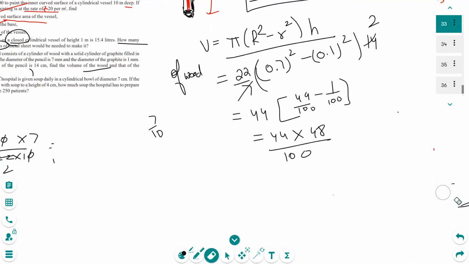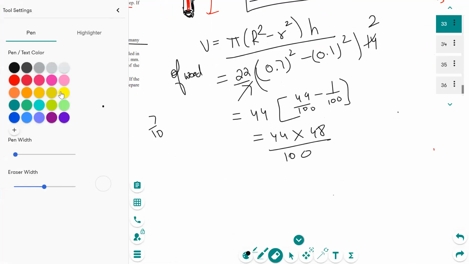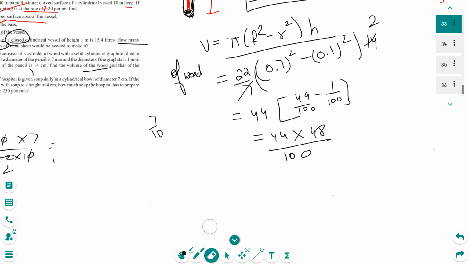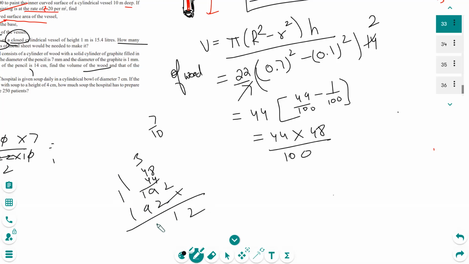Yes, what will be the answer? कैलकुलेशन करनी देते भैया. ये आ रहा है 21.12, right? Centimeter cube, right? That's my first part.